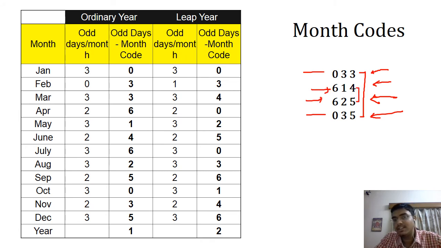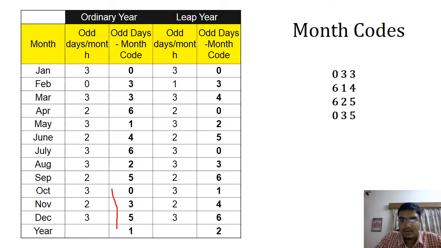So the 033, 614, 625, 035. And see the sum of all these, it comes out to be 1, which is the number of odd days that we got in our non-leap year. So this is how we have calculated these month codes that you will have to remember.